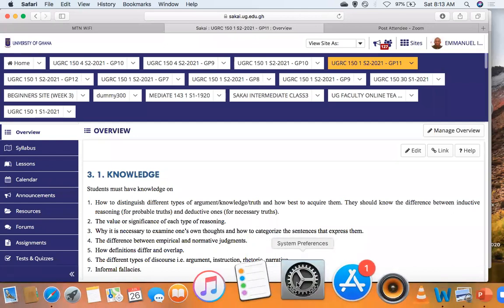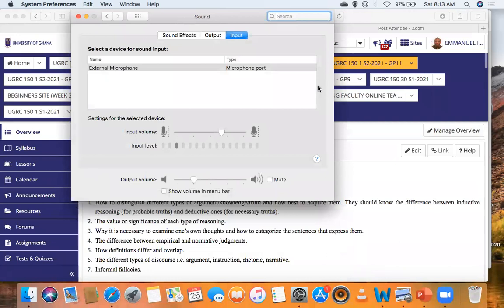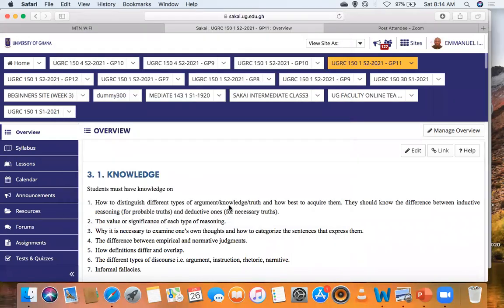Yeah. Let me check my settings and check my microphone. Okay. Input volume. So I'm raising the input volume. Input volume is now the maximum. Then the output volume is supposed to be for me. Okay. Yeah, so I've raised it a bit.